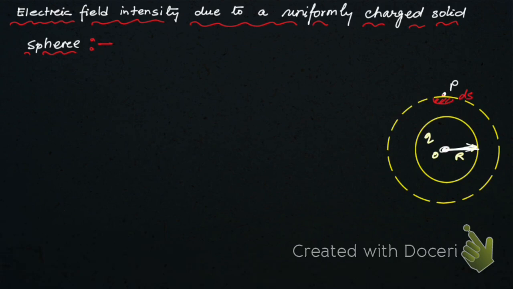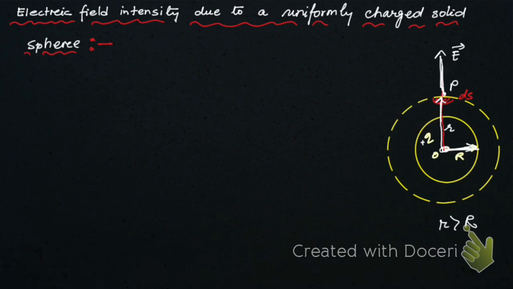The distance from the center O to this P is r, small r, and in this case small r is greater than capital R, when P is outside the sphere. If we consider that it encloses positive q charge, then the electric field should be radially outward.